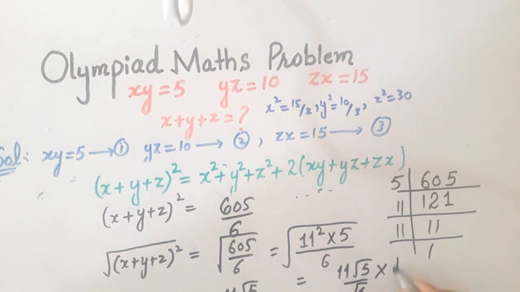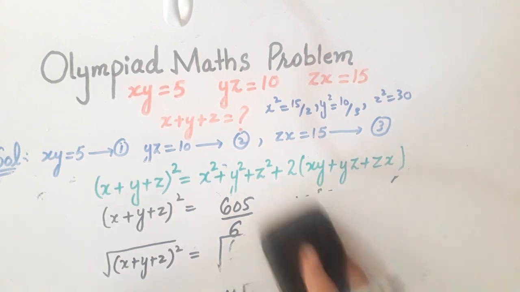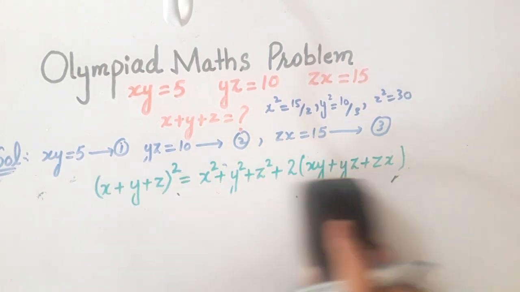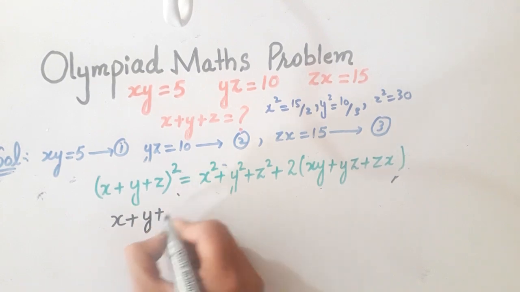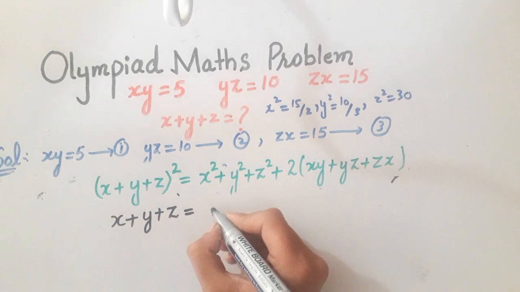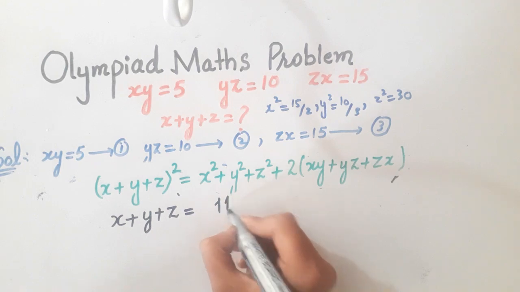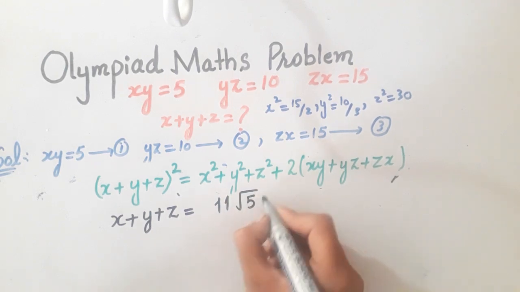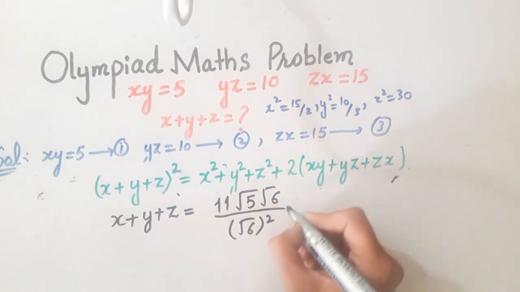So we will rationalize this, multiply and divide by root 6. So what will happen? We will write this here, that x plus y plus z equals, we have found out by factorization of this, 11 root 5 root 6 by, this will be the root square.